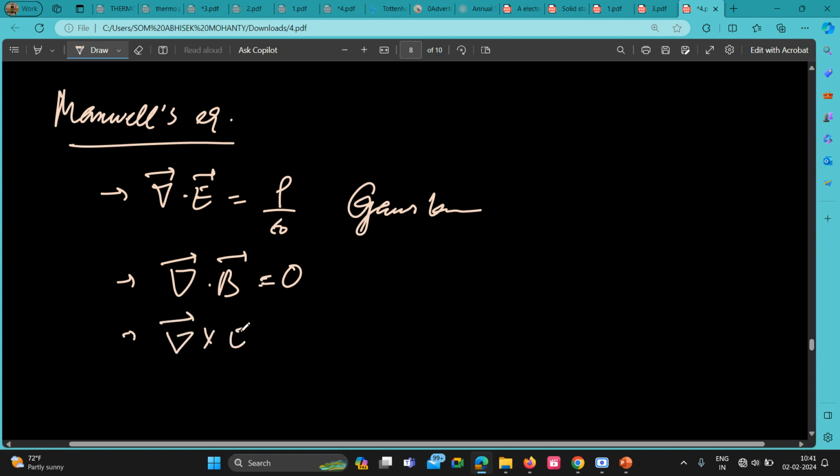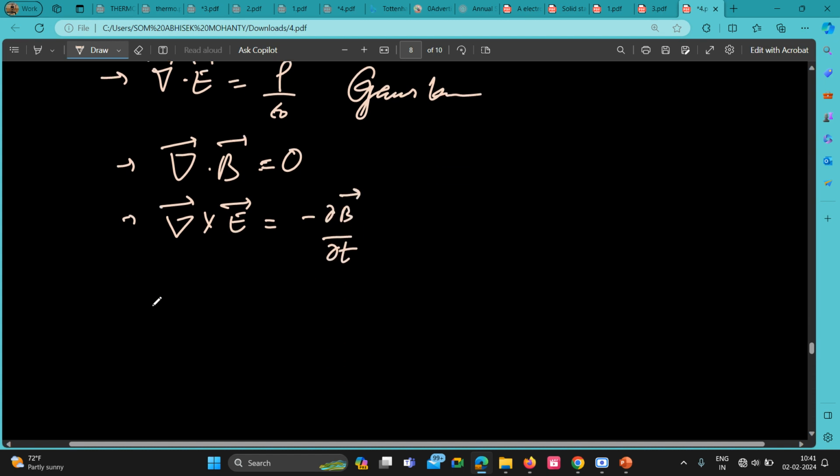Del cross E is equal to minus dB by dt. This is for the electromagnetic field. For the electrostatic field, del cross E is 0.